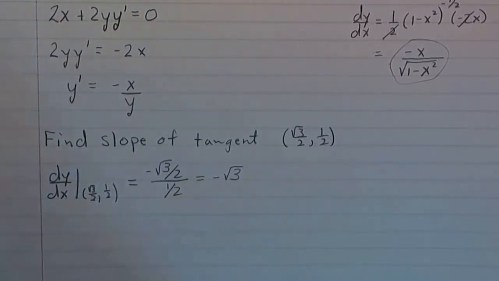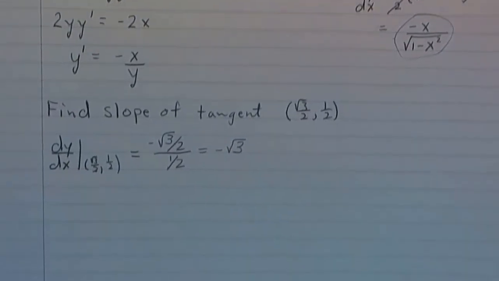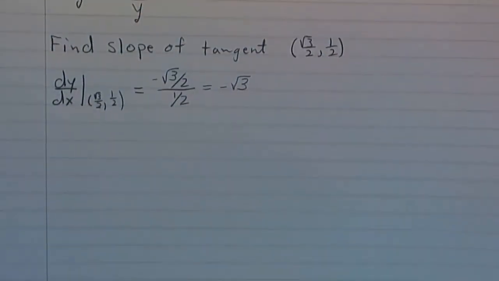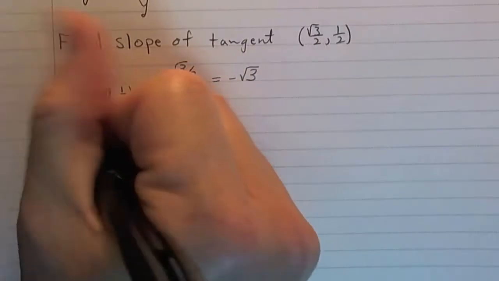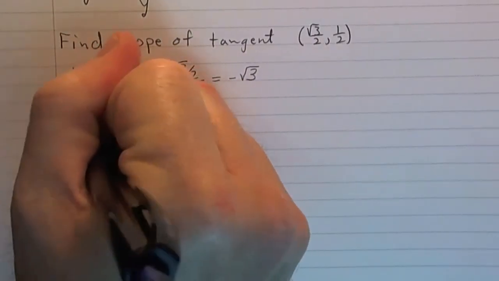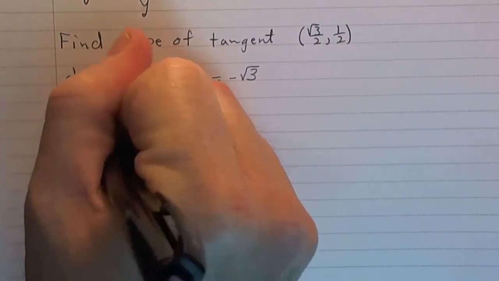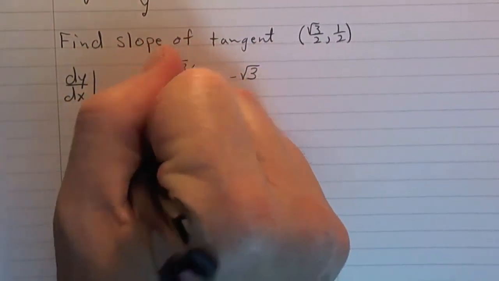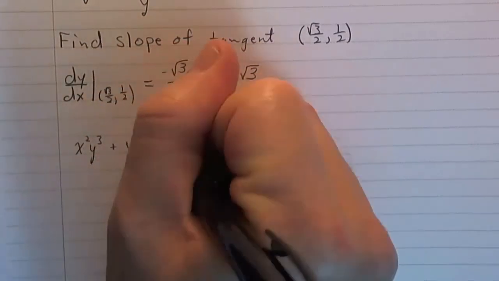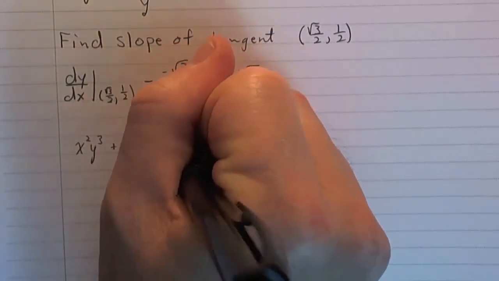Okay, now let's go on and look at a couple of these and practice this implicit differentiation. Let's suppose that we have something like x squared y cubed plus y to the 5th equals, let's say, x cubed.